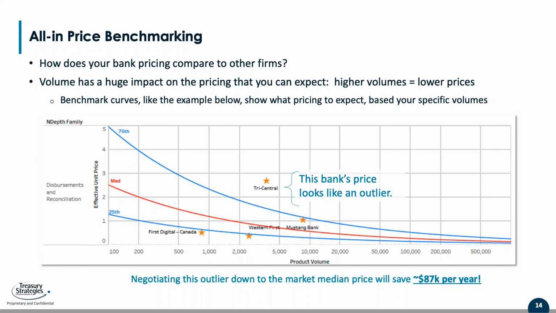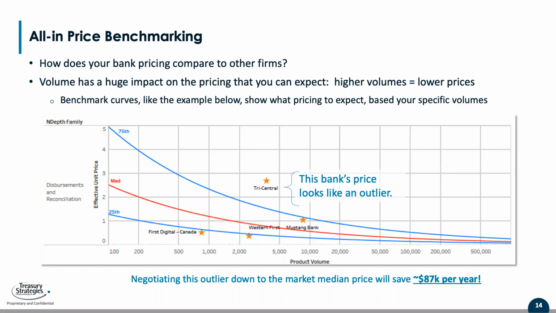A lot of times you'll just get a straight percentile for a specific AFP code, and it'll say the market median price for this service is X. Well, the issue with that is that it ignores the volume component and the impact that volume plays on commercial and treasury management pricing.